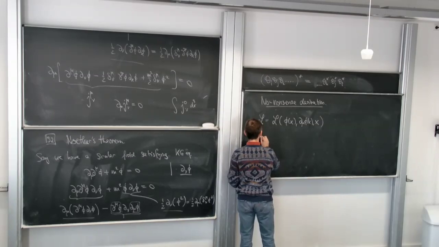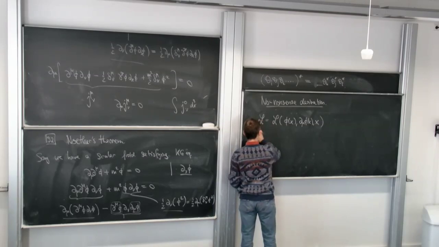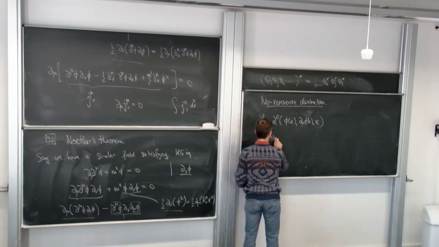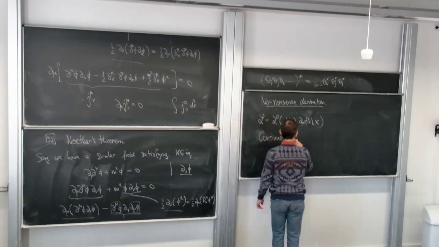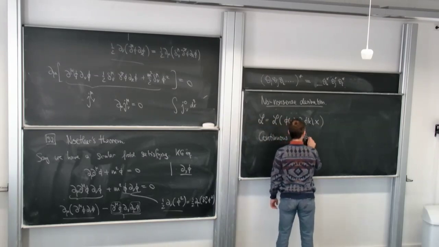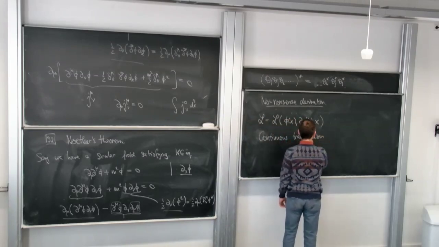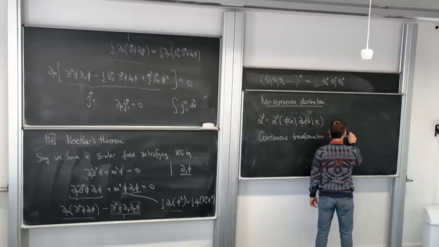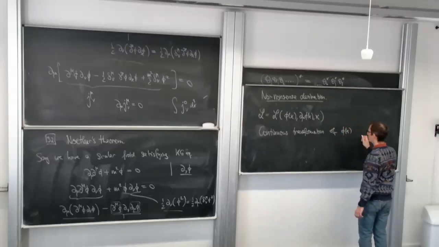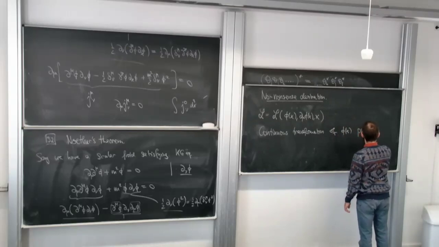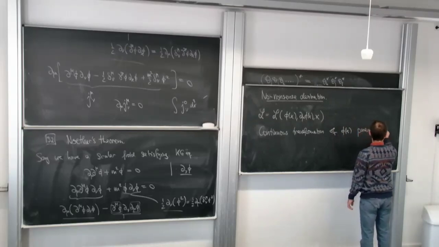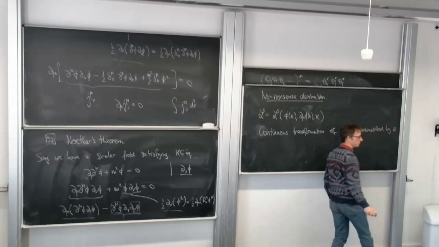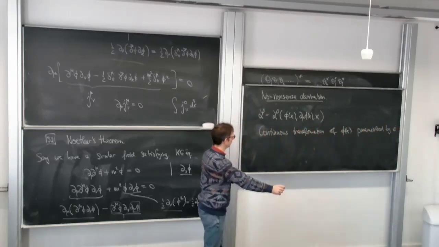So call it an infinitesimal continuous transformation of phi parameterized by some epsilon. You see that it's already a small parameter, so it's continuous.